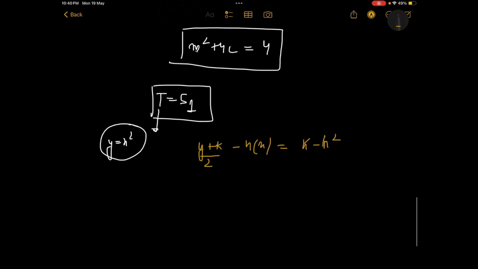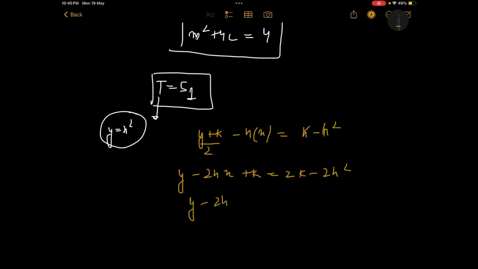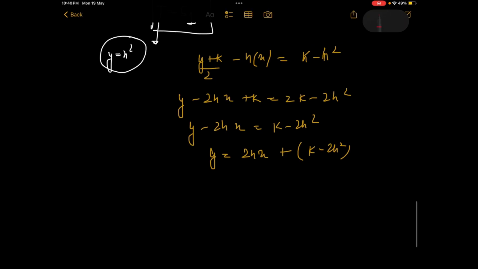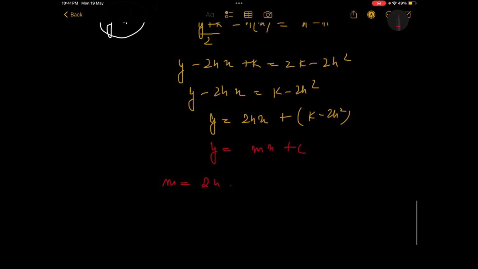So our equation would be y minus 2hx plus k is equal to 2k minus 2h squared, that is, y minus 2hx equals k minus 2h squared. Y equals 2hx plus k minus 2h squared. Comparing it with y is equal to mx plus c, m comes out to be 2h and c comes out to be k minus 2h squared.